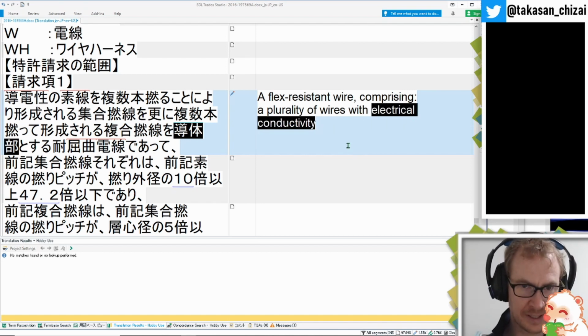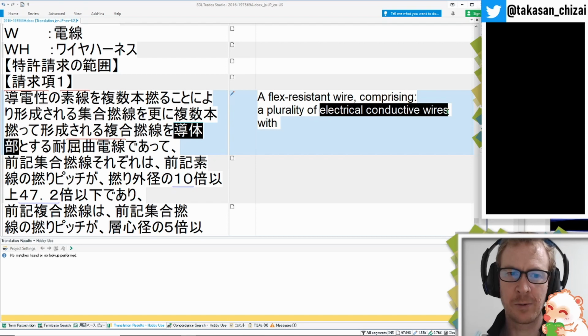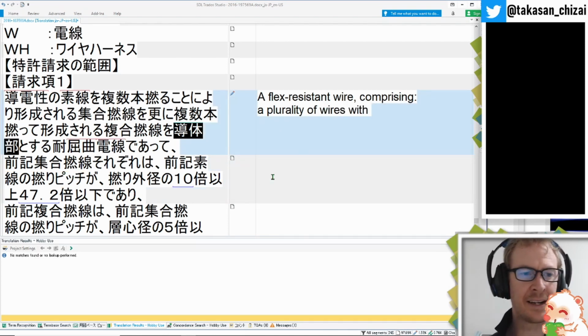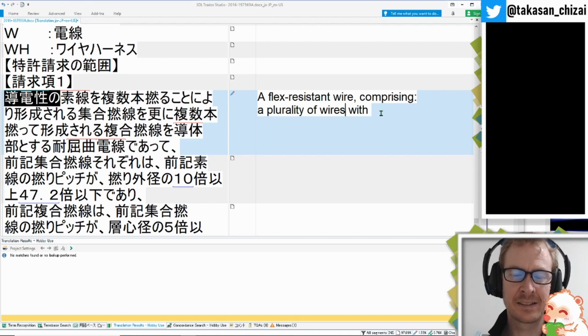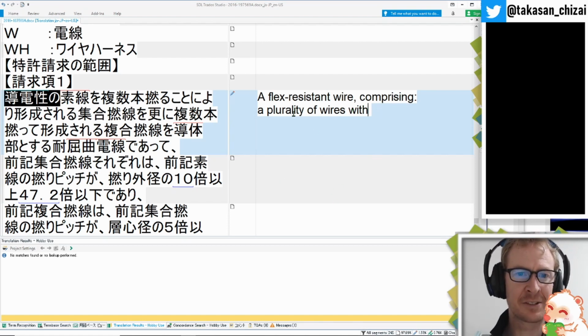They worry that if you put this in front of wire, like electric conductive, when they appear a second time, they won't have this full name. There will only be wire again in the Japanese. So that's why it's easier to put this kind of information after the element name, after the noun, because then when it appears below, you don't have to have that full name again. You can just have the wire.